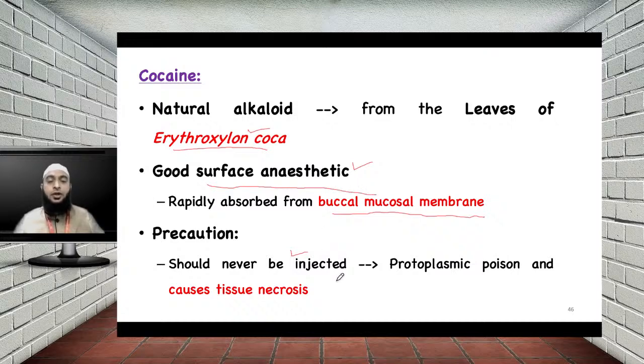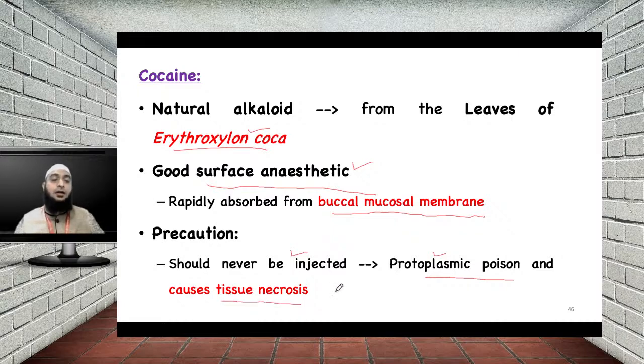Okay. So it should never be injected, because cocaine is a protoplasmic poison, meaning it has the ability to produce damage to the cell, or it produces the death of the cell. So if you give an injection of cocaine, it may produce the death of the cell, and it may be so severe that at the area where it is injected, there could be the possibility of tissue necrosis, so death of the tissue.